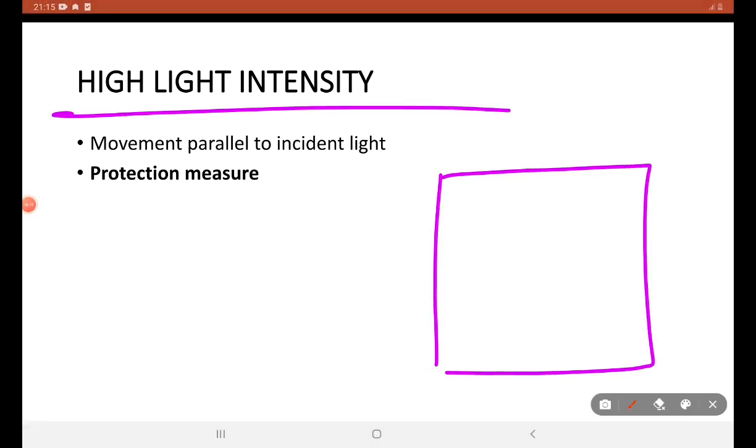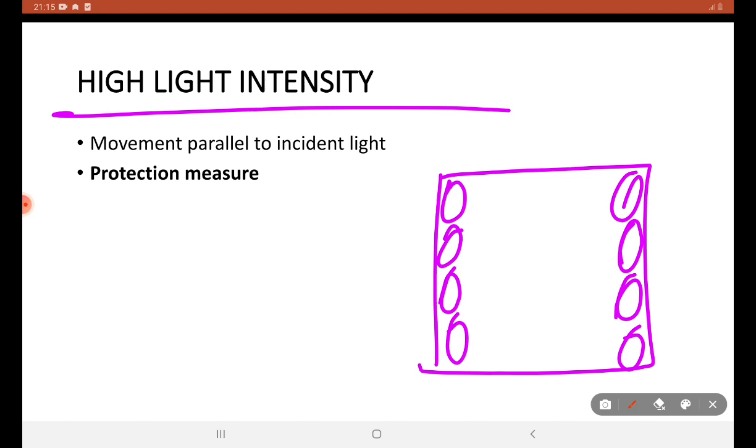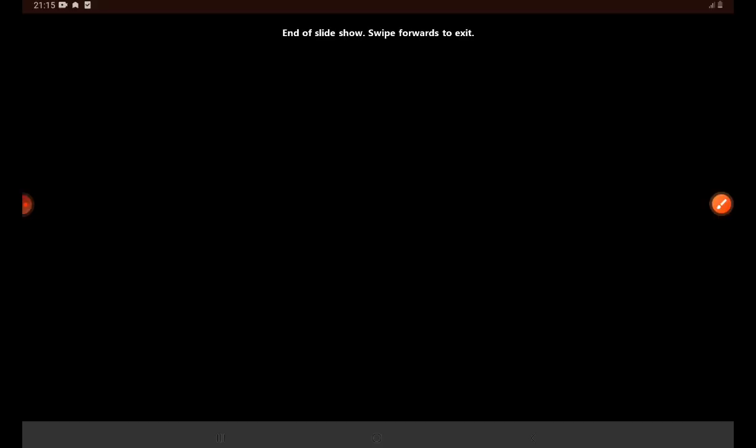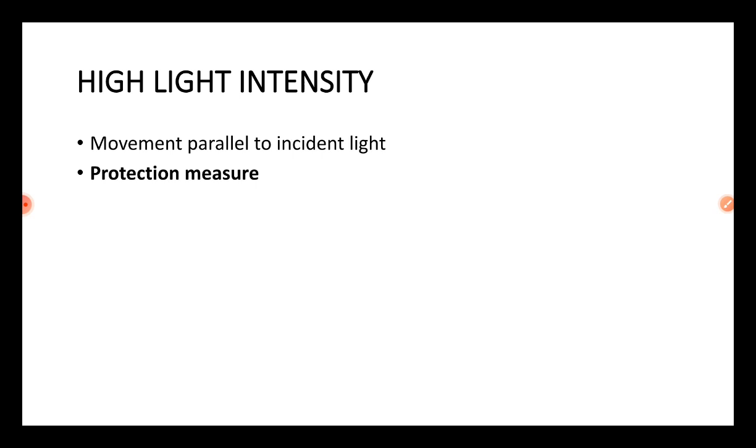In high light intensity, movement parallel to the incident light takes place. It is a protectionist measure. Overall, this is the basic understanding about phot and phototropin. Phot1 and Phot2 are the two different types of phototropin.